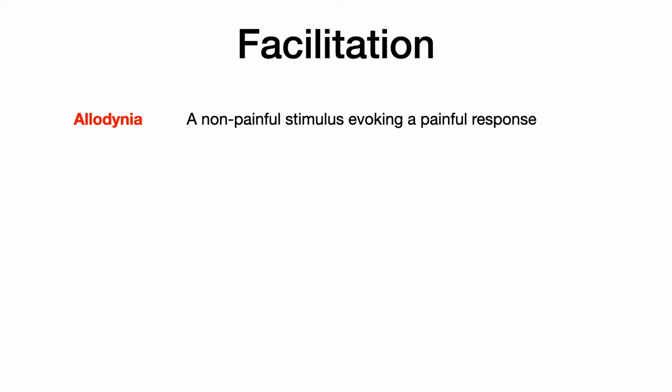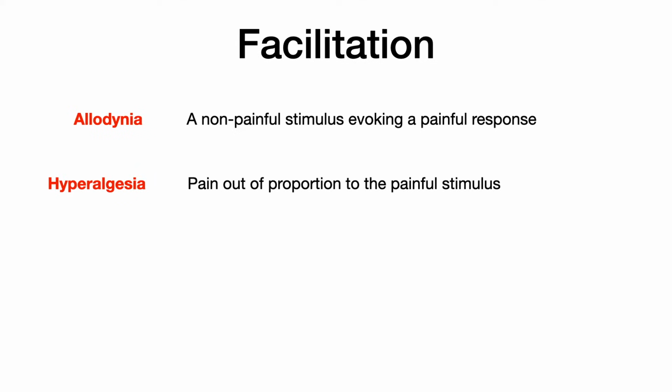The next term is hyperalgesia. Hyperalgesia refers to pain out of proportion to an actual painful stimulus. So let's say that you are watching your 3-year-old niece, nephew, cousin, and that little person in your family pinches your arm.